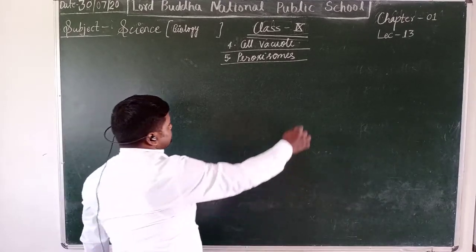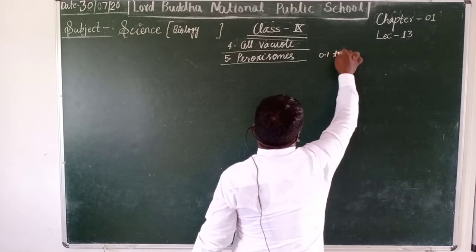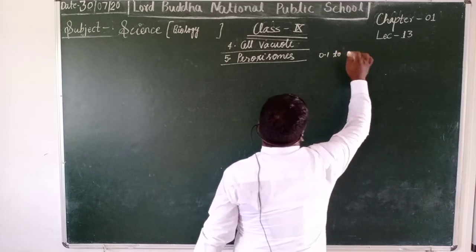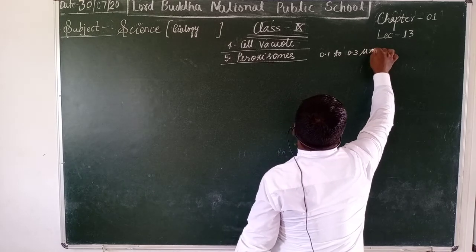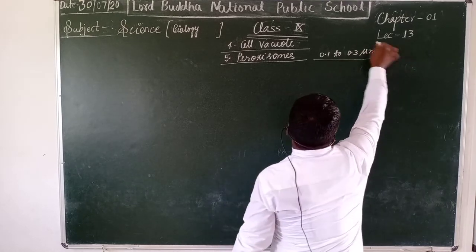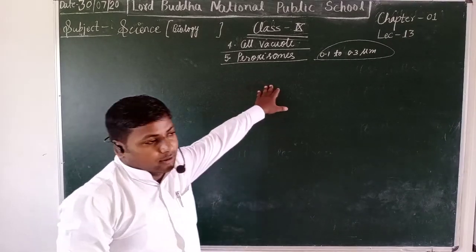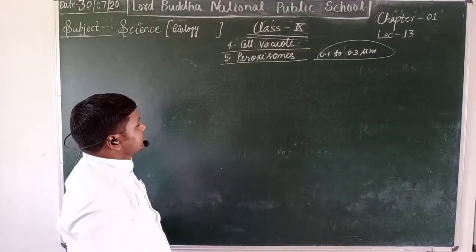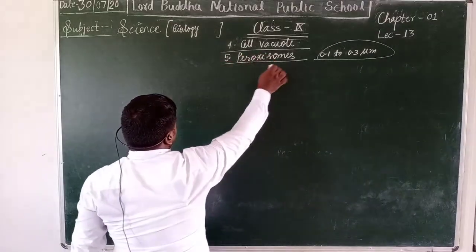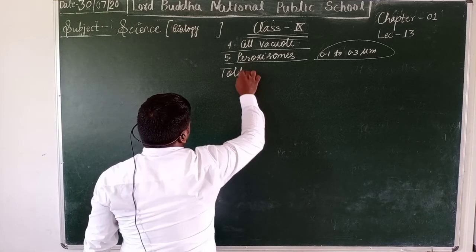Their sizes vary from 0.1 to 0.3 micrometer in diameter. These structures are mainly found in the liver and kidney cells, which were first discovered by Tolbert.